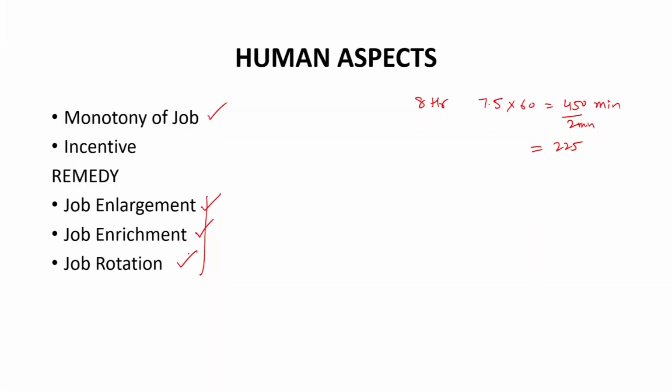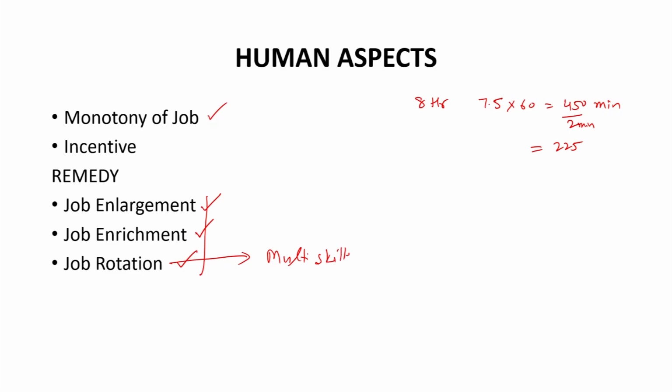The persons who are working on the assembly line can be transferred to fabrication areas, and from fabrication to the assembly area. In the assembly area also you can shift them from workstation 5 to workstation 2, or workstation 5 to workstation 11. So, that his monotony is broken, but for this you have to give him training also, you have to develop multi-skilled workers.